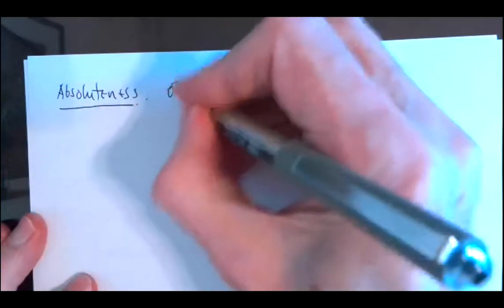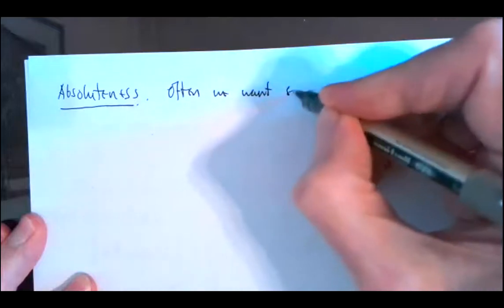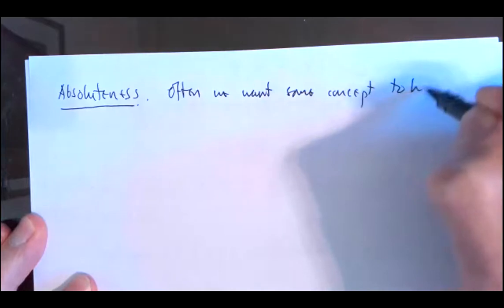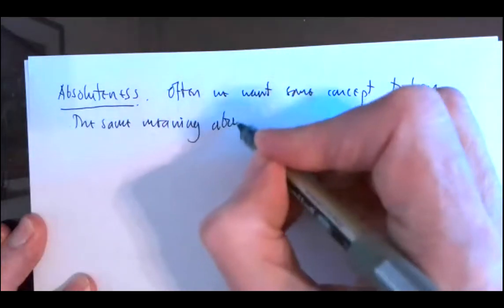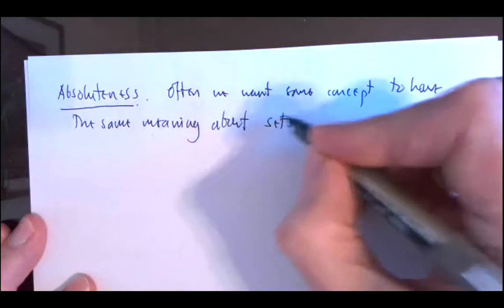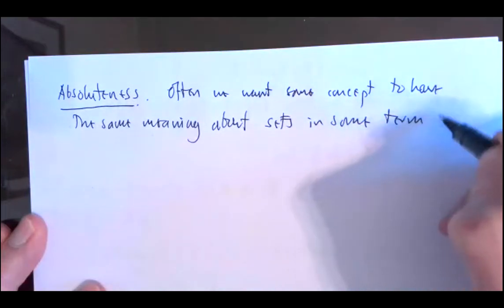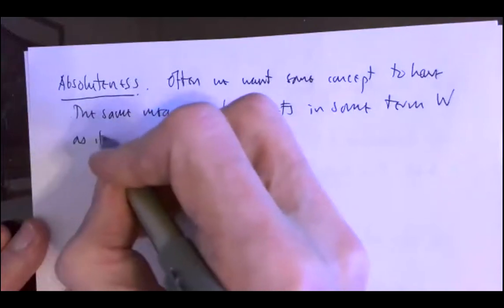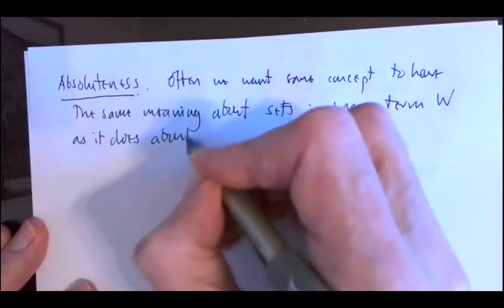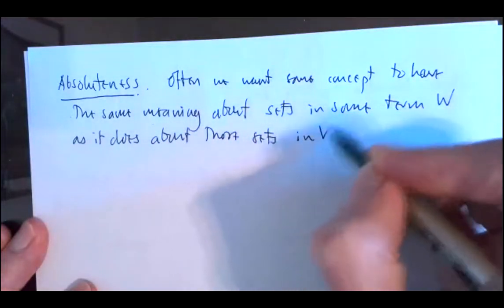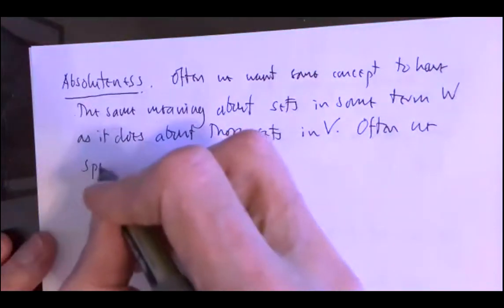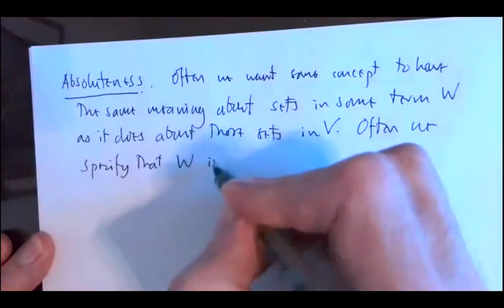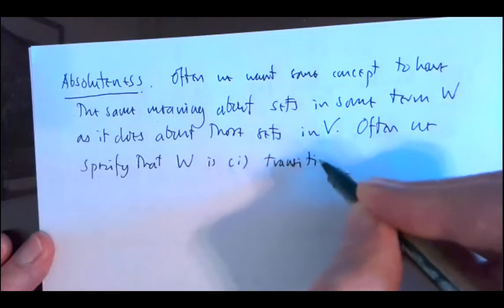Okay, so this is an important property. Often we want some concept to have the same meaning about sets in some term W as it does about those sets in V. Often we specify that W is transitive, so it has no epsilon holes in it.